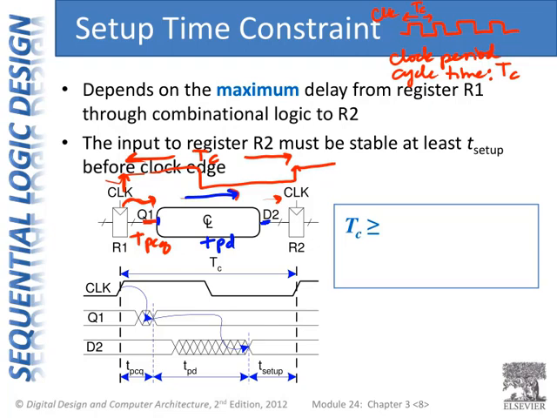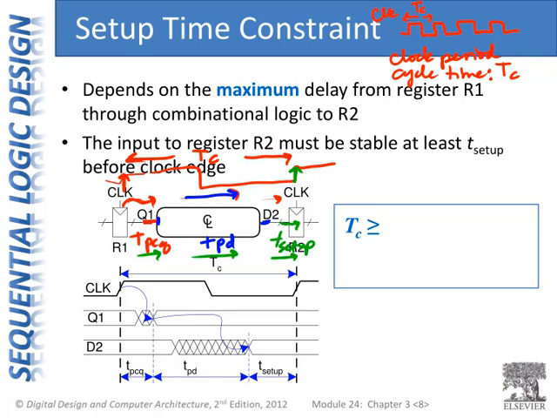Okay, and then it really takes some time to get into that internal node, N1, and that time is the setup time before the next clock edge. So only after propagation clock to Q plus propagation delay plus setup time can we actually get that next rising clock edge.